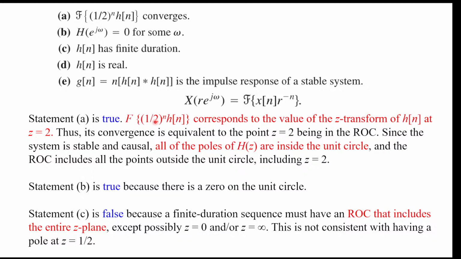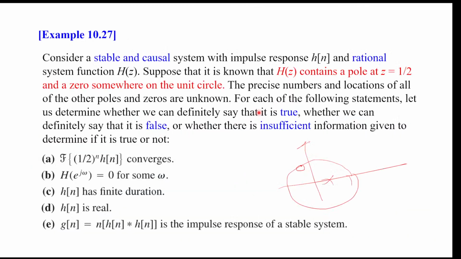So this (1/2) to the n corresponds to z equal to 2 because this is 2 to the minus n. We have a pole at 1/2, but we also say that the system is stable and causal.